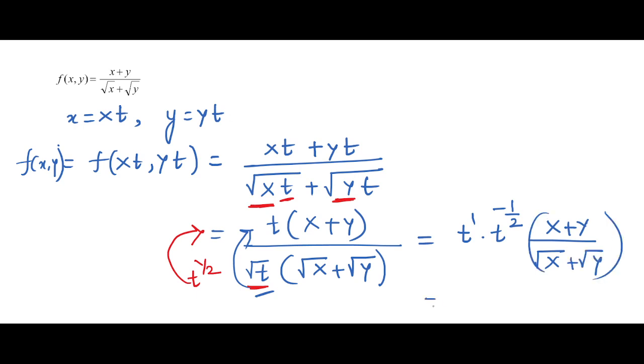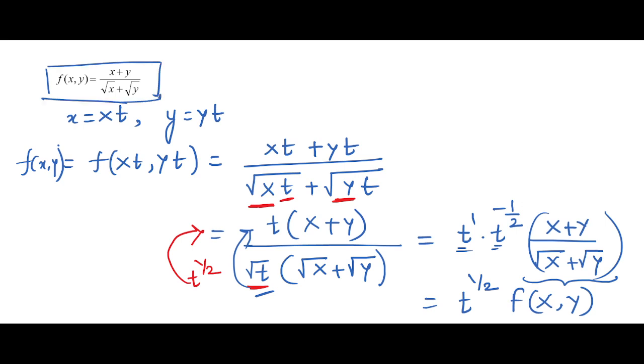Okay. So now here the base is the same, t raised to 1 minus 1 by 2 is t raised to 2 minus 1 by 2, which is 1 by 2, and the rest of the term is nothing but f of capital X comma capital Y, because we have given f of x this way, the same term we are getting here in place of small letters. Now we are having the function in capital letters.